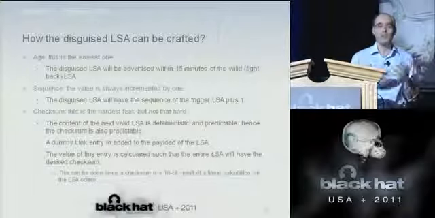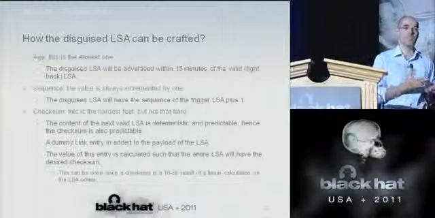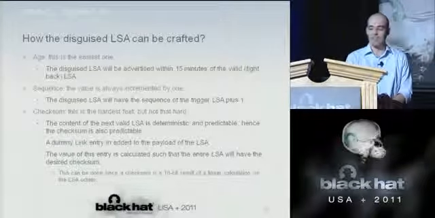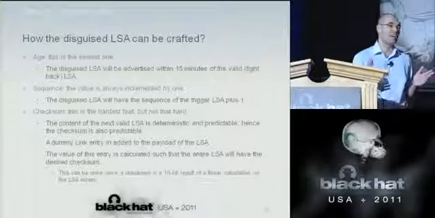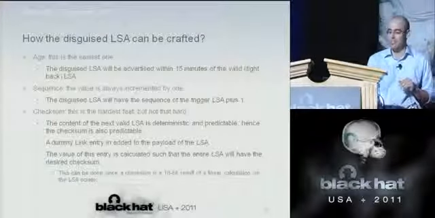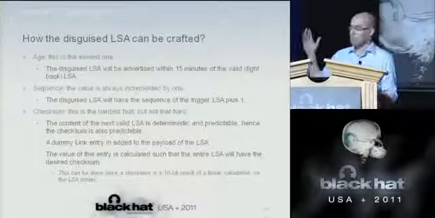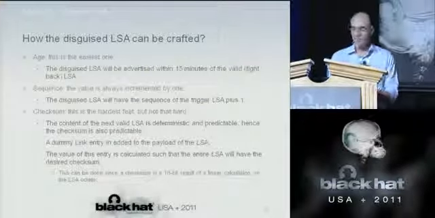Or if you are not that good in math, you can just brute force it. It's only 16 bits. Just try a lot of values for the link entry, and within 2 or 3 seconds, you will eventually get this checksum. So we now have the disguised LSA having the same exact age, sequence, and checksum as the future fightback.